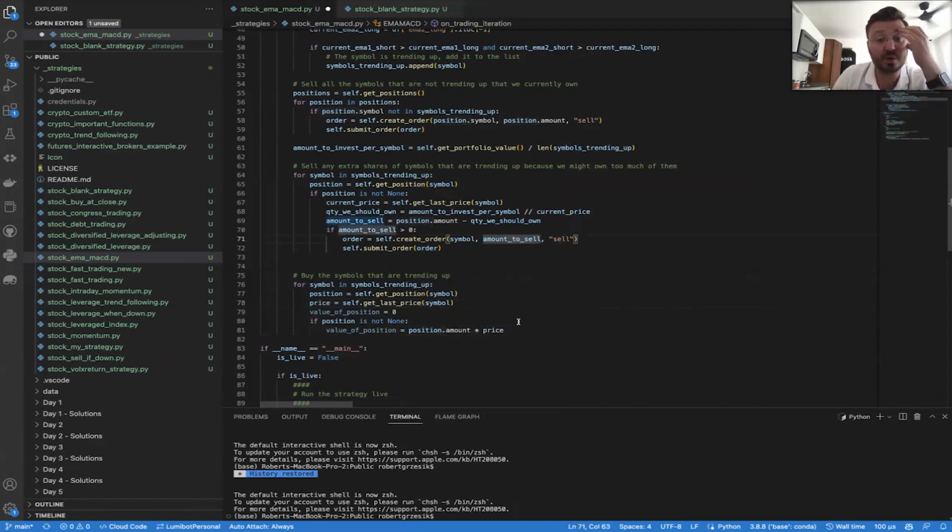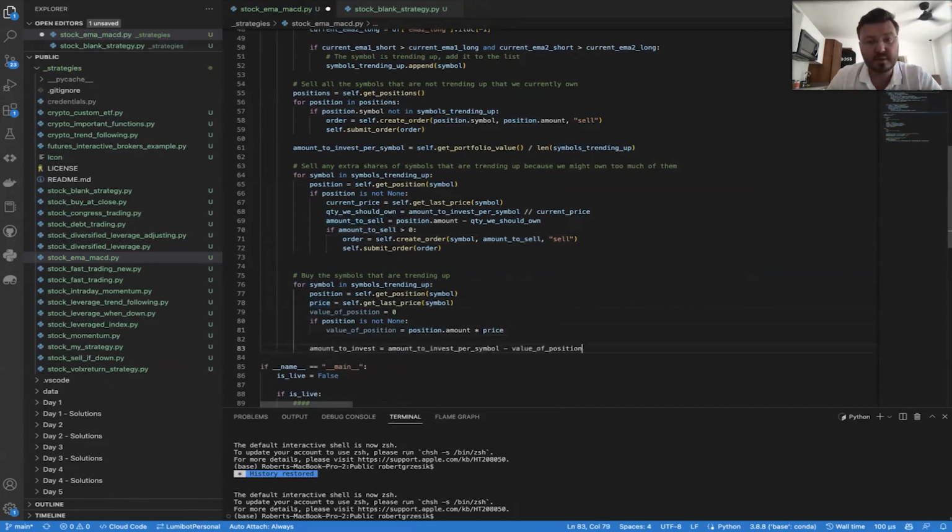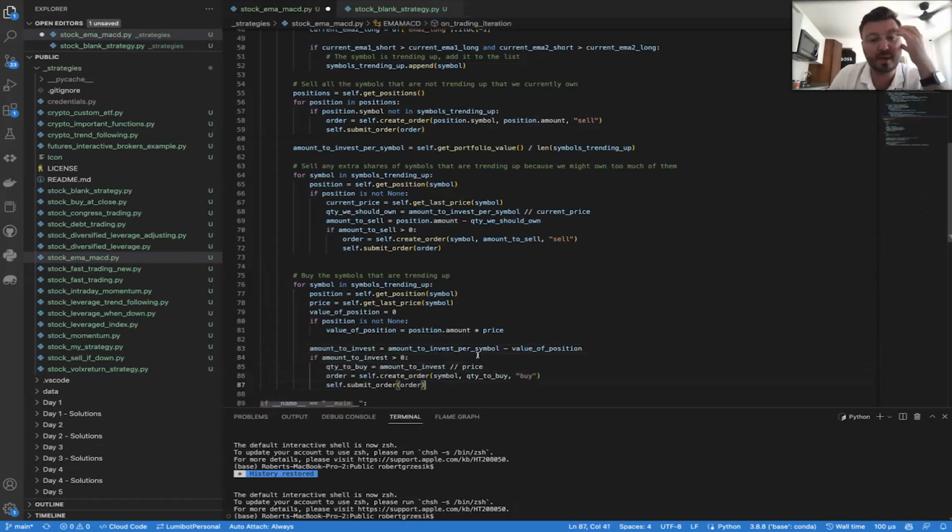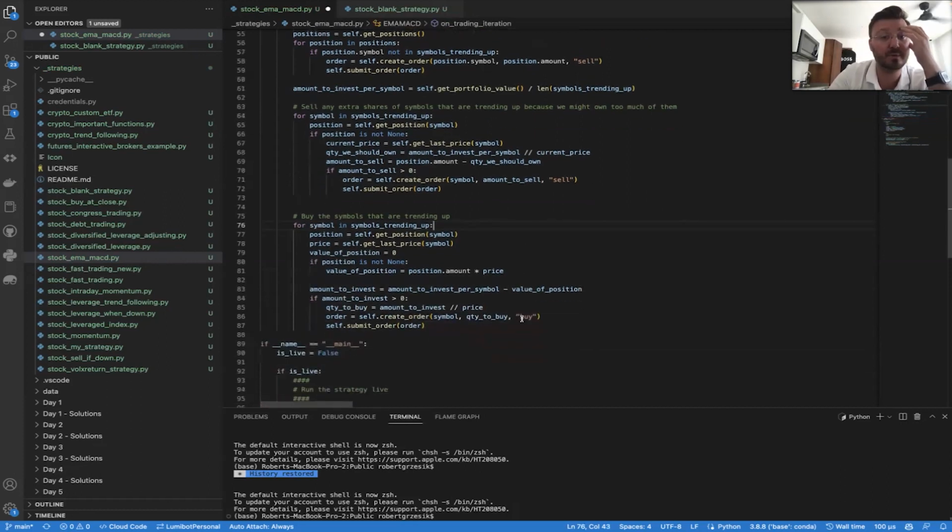So the value of position is going to go up. And now we want to just buy, so amount to invest per symbol. Then if amount to invest is above 0, we get the quantity to buy. There we go. Perfect. I think this should work.